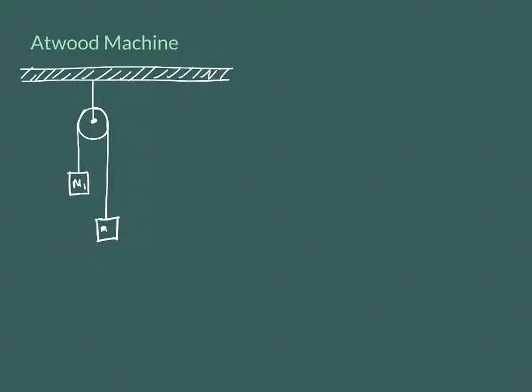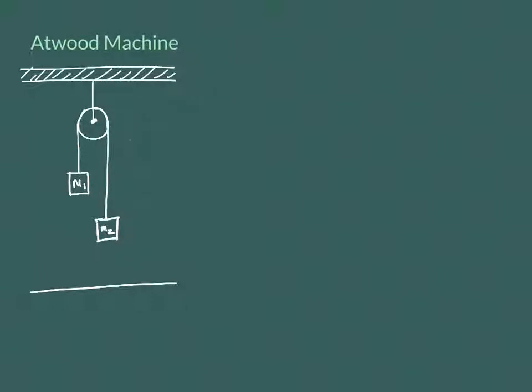I'll call them mass 1 and mass 2, and I will put the ground beneath them. So this Atwood machine business, and so let's give some parameters here.